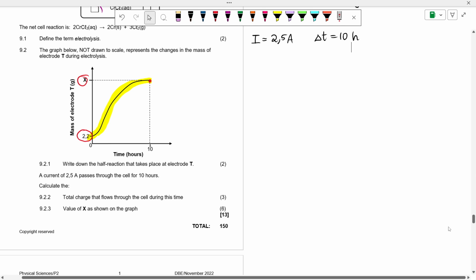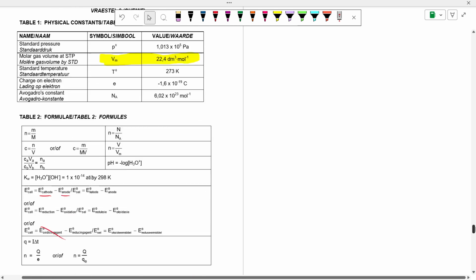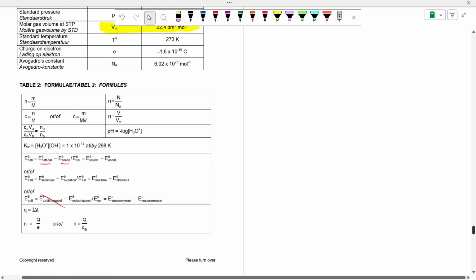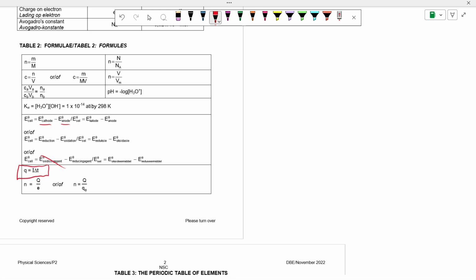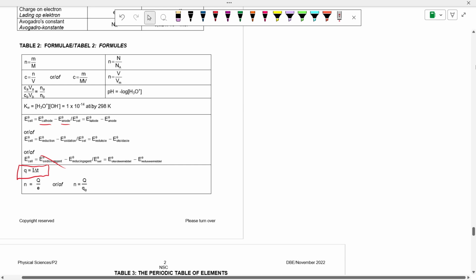Calculate the total charge due to that current and time. Don't need to stress, you can go to the formulas and you will find the formula that you need. There's the formula that says charge is current times time. So simple, 3 marks question. Just go and substitute your stuff.